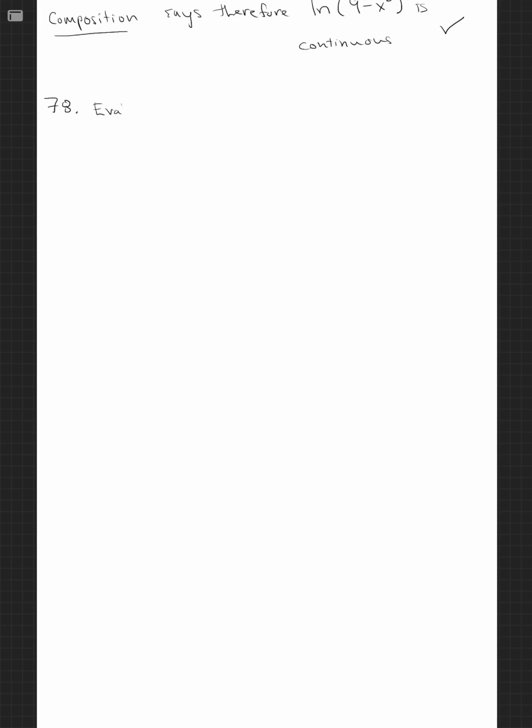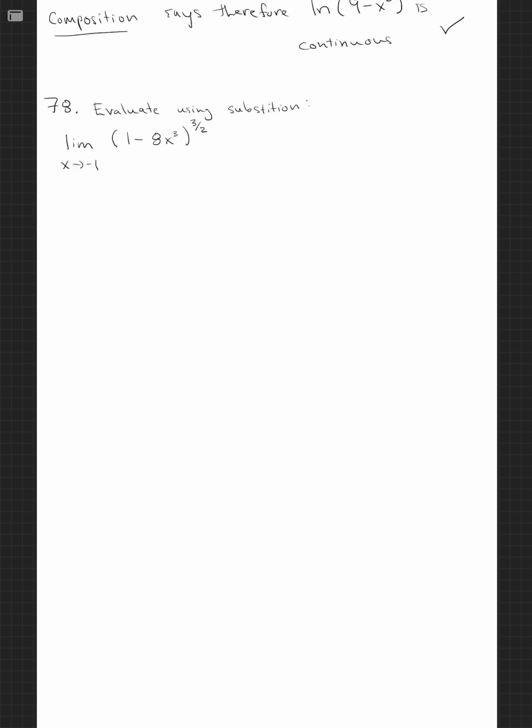So the instructions here were evaluate using substitution. And we were given the following limit. The limit as x goes to negative 1 of (1 minus 8x cubed) to the 3 halves.